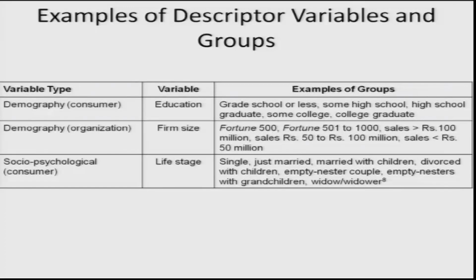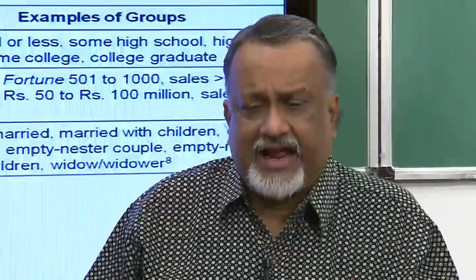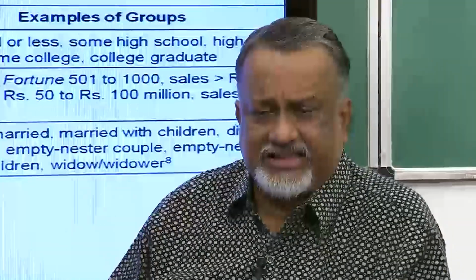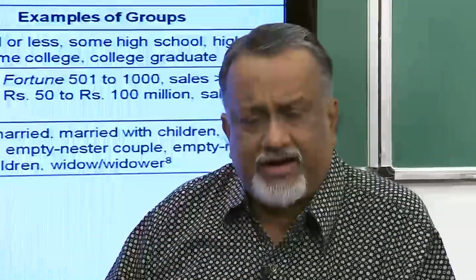And in demography, for certain types of products, we may go even deeper. Here I have taken an example of education, or in case of organization in demography, we can go a little deeper and say, okay, this is Fortune 500 or business standard 1000 or economic times 200 and so on, and the sales can be greater than rupees 100 million or 50 to 100 million.